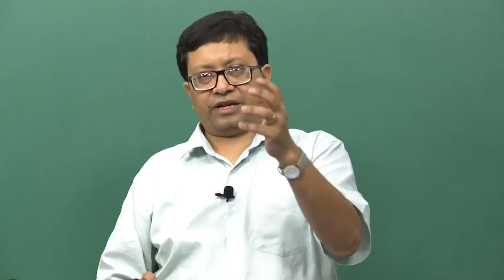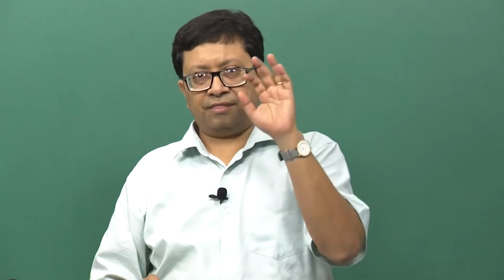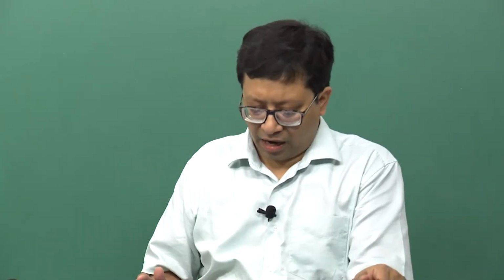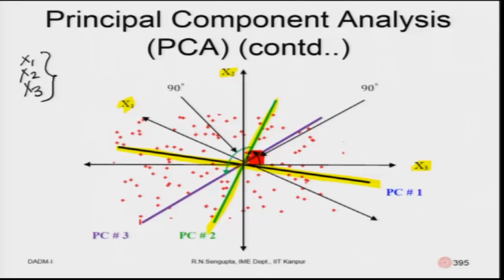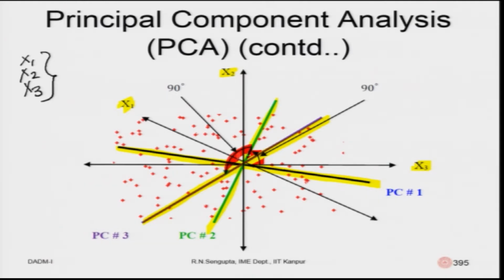So, the first set takes out some information, the second set takes out some information, and whatever the remaining variability is, I put it in the third principal component direction, and again if you notice, this is orthogonal, that means PC3 is orthogonal to PC2, and PC1 has already been orthogonal to PC2.